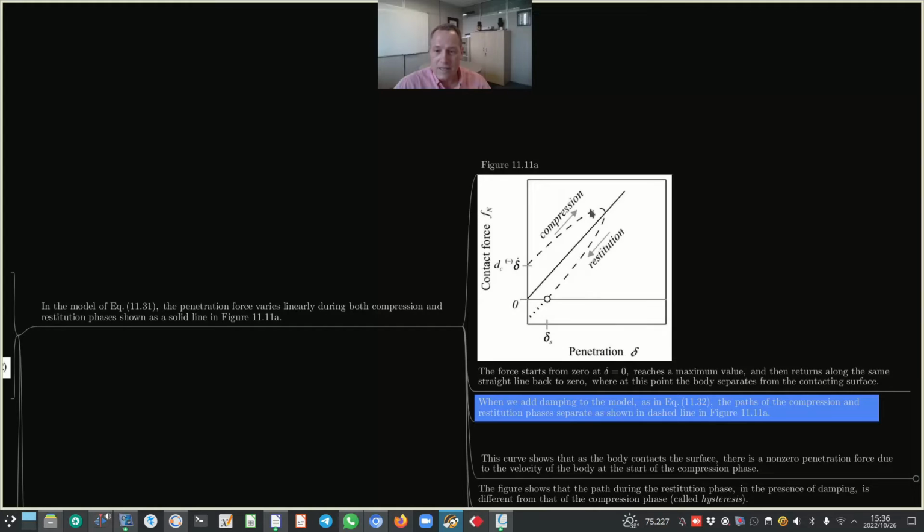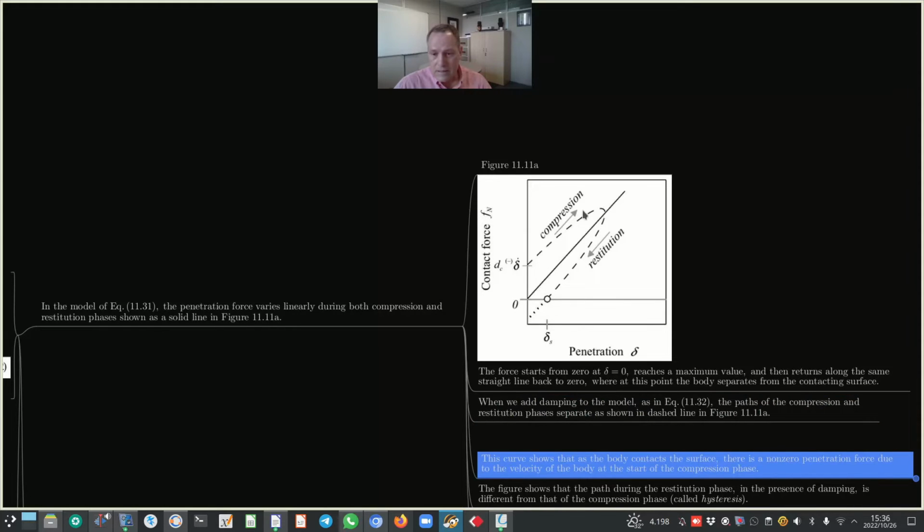So this is now the dashed line, and this is as soon as we have damping. This dashed line curve shows that as the body contacts the surface, there is a non-zero penetration force due to the velocity of the body at the start of the compression phase. Okay, and this is indicated here on the vertical axis.